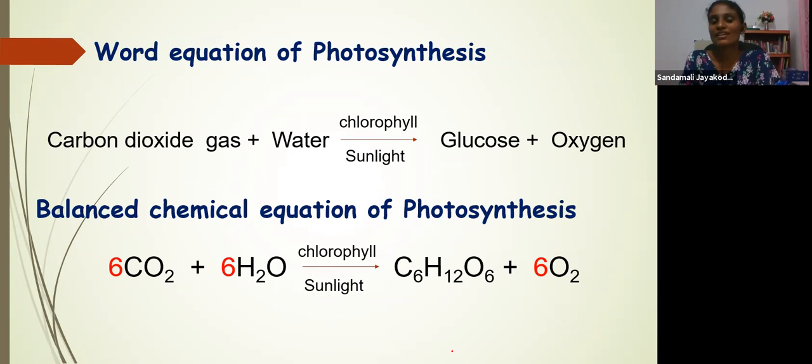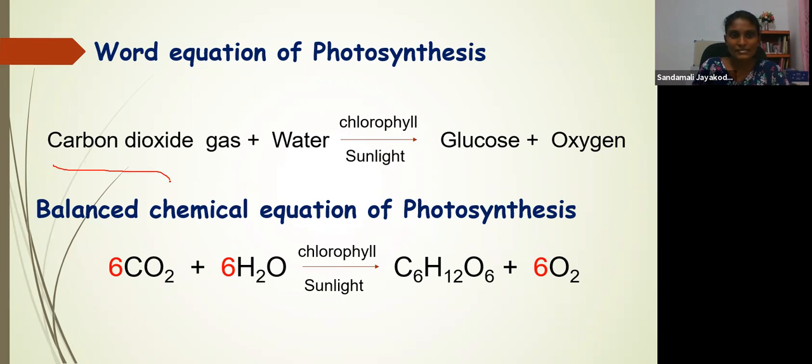All the metabolic reactions in animal bodies and plant bodies are chemical reactions. So we have a chemical equation for all of these metabolic reactions in our body too. In the same way, photosynthesis, a main metabolic reaction in a plant body, has a word equation like this.